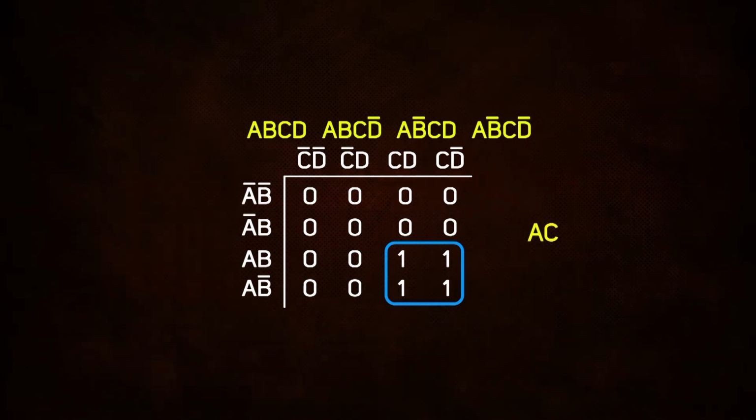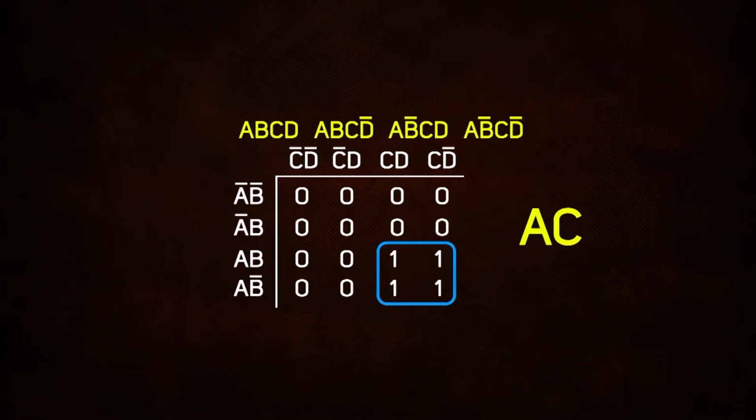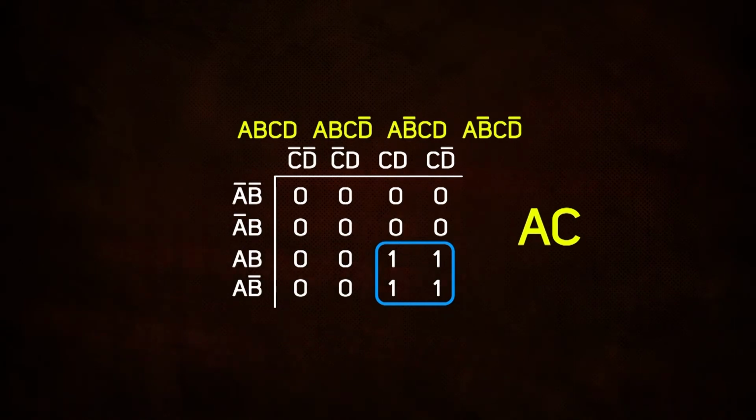Lastly, let us consider D. It takes both forms and so it is a contradictory variable. So, we do not include it in the resulting term. At last, see what is the expression produced out of this group? It is AC. Two variables are eliminated, and hence we reach the conclusion that a quad eliminates 2 variables and their complements.